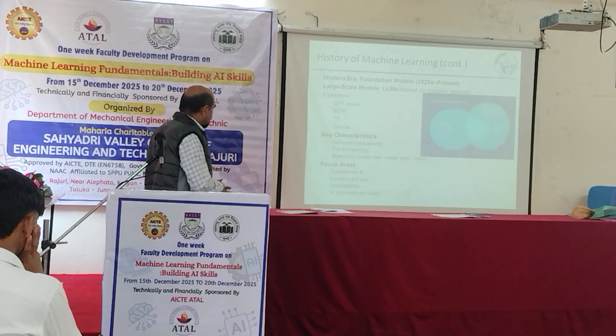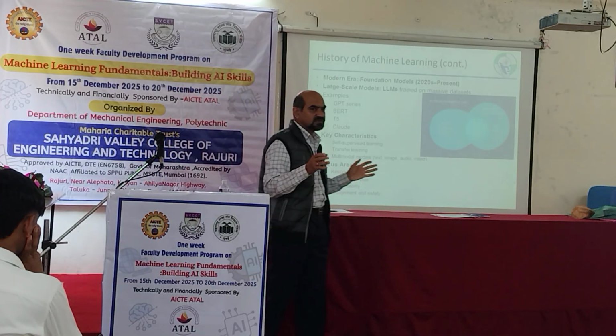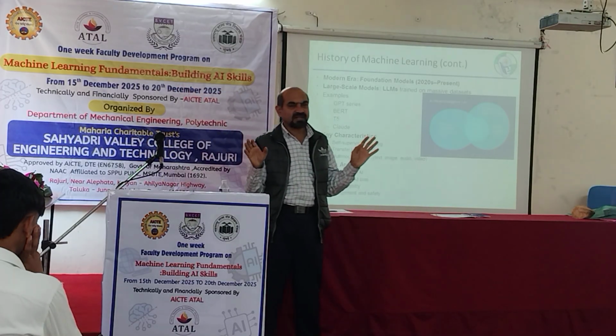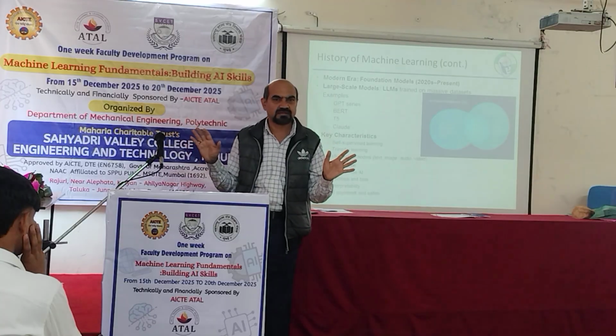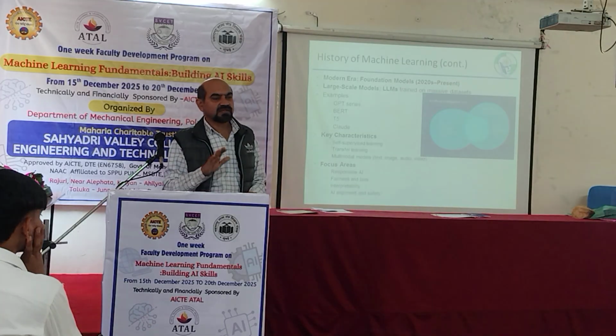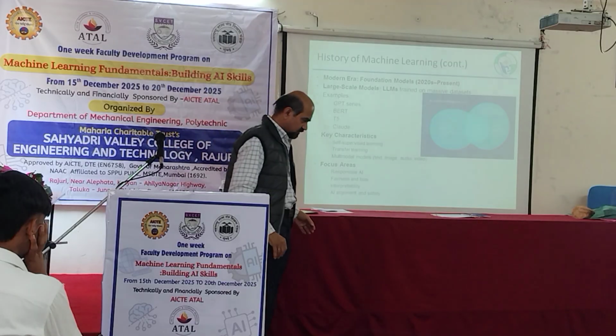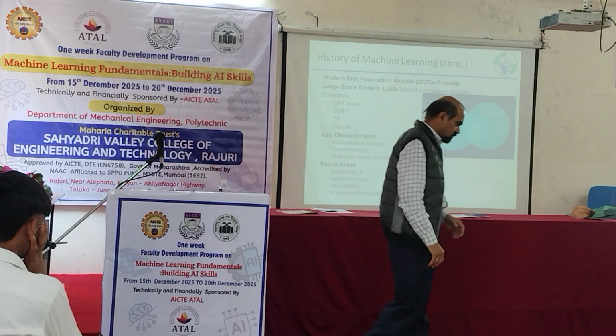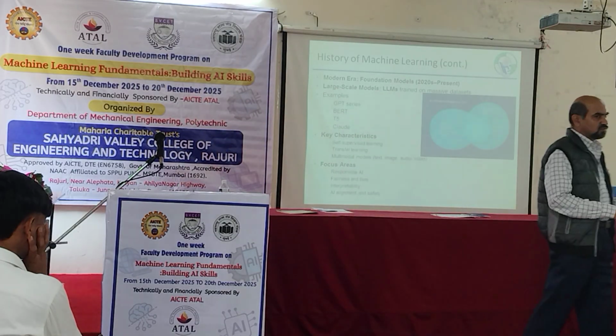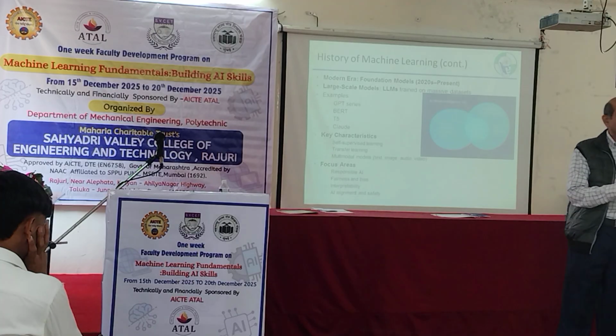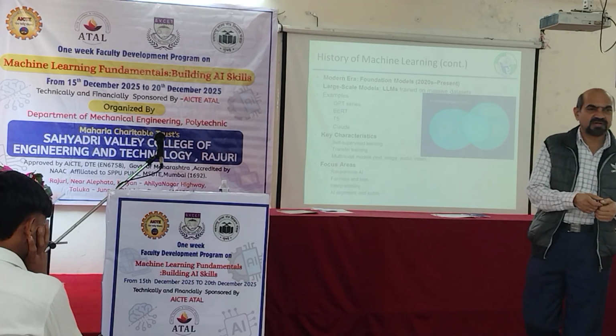Then the modern era, 2020 to present: there is ChatGPT, there are large language models, and these models changed everything. Maybe in the future, even for 2 plus 2, I have asked Gemini, I asked GPT, what is 2 plus 2?